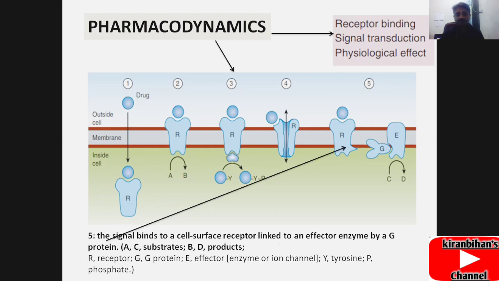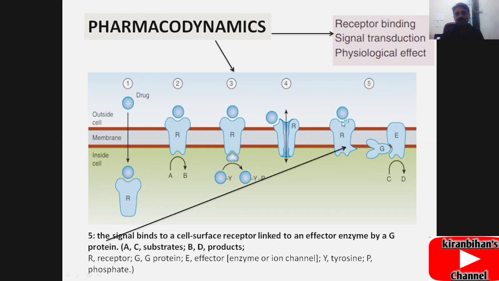The fifth type of receptor, which is most common, most of the drugs act via this receptor. So that is the G protein coupled receptor. G protein is a GTP binding protein. R represents the receptor, and E is the effector.